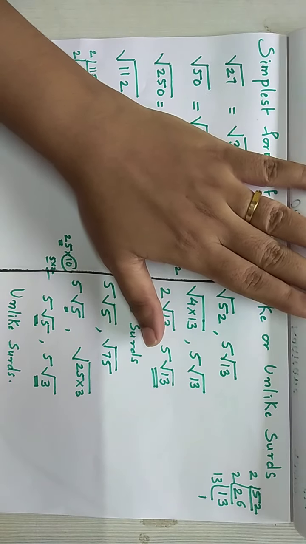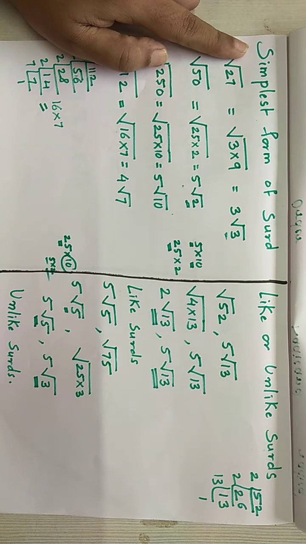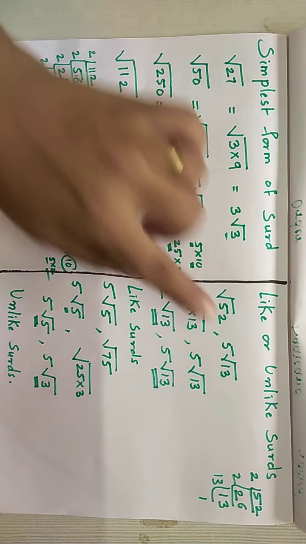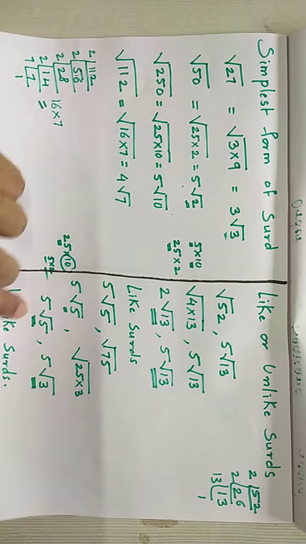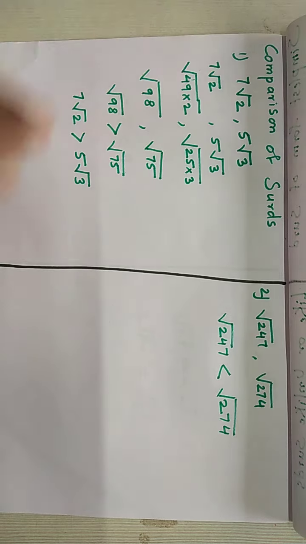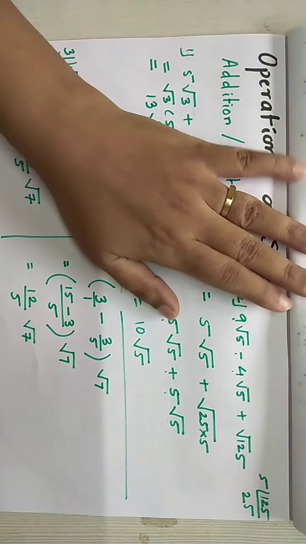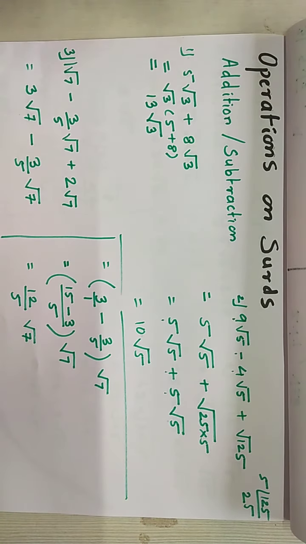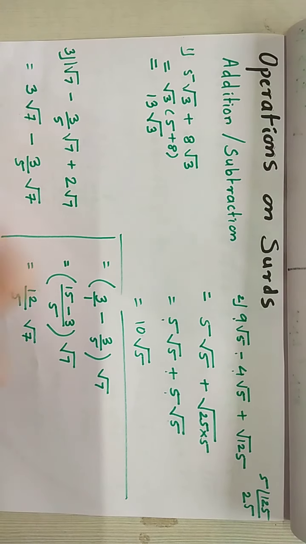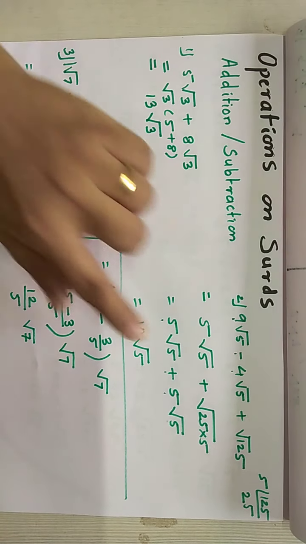After that we learned some operations, some small 2-mark sums on surds. The first type was the simplest form of a surd, how to calculate the simplest form. Then how to identify like surds and unlike surds. Then we learned how to compare surds, which one is greater, which one is less, whether they are equal or not. In the next part we did operations on surds: add, subtract, multiply, divide.